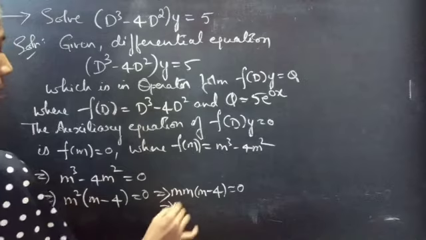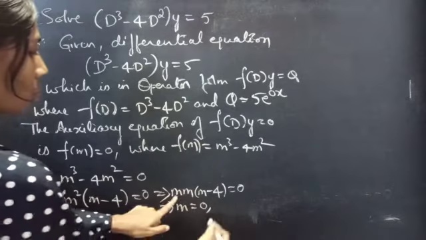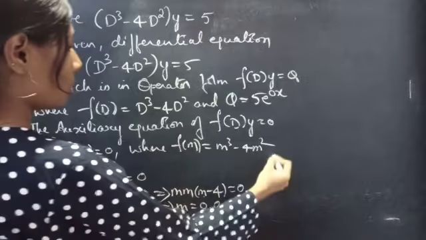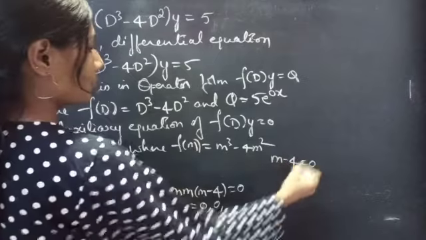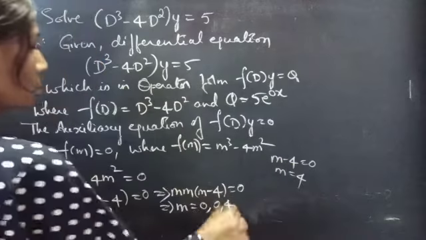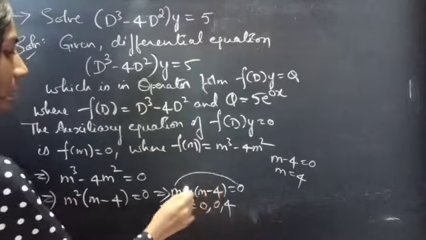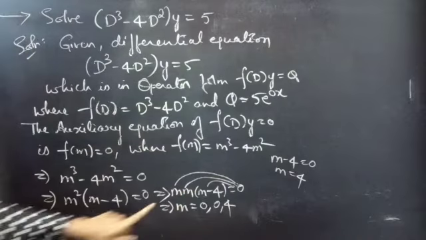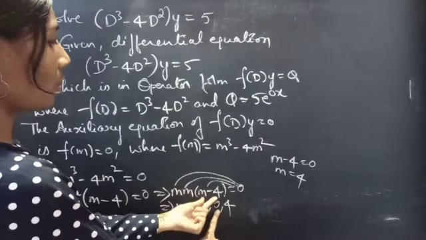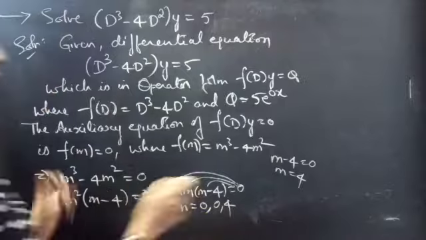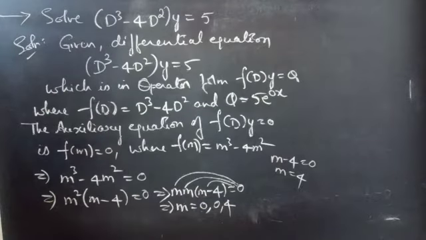From this you'll get the roots m equals 0, m equals 0, and from m minus 4, just equate this factor to 0, you'll get m equals 4. Then here two roots are equal and one is distinct.